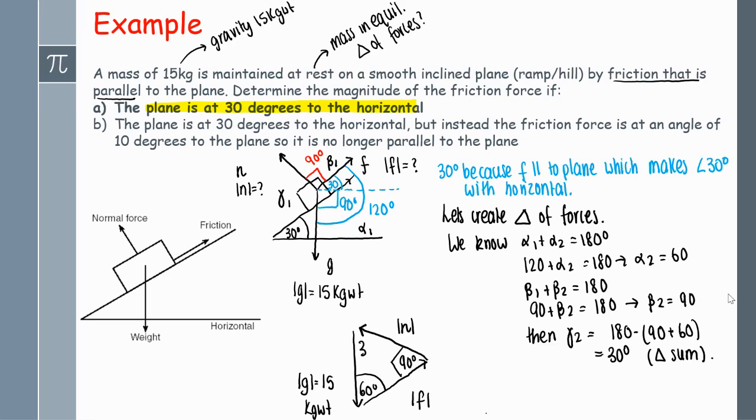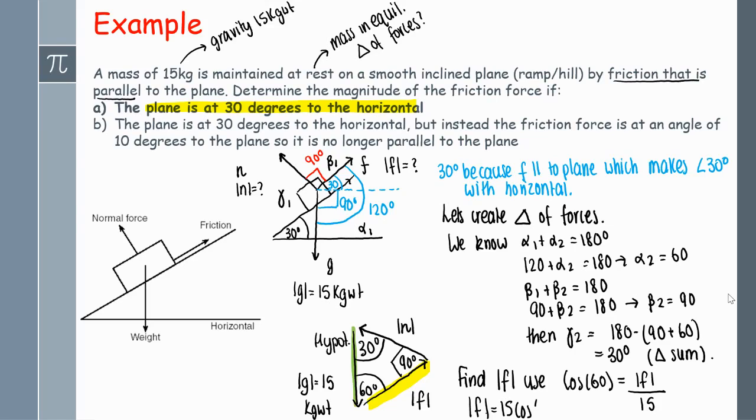So now you have to choose how you can figure out the magnitude of our friction force. If I use cos 60 is equal to the magnitude of our friction force over the magnitude of gravity force, which was 15. As you can see from the diagram, not very clearly, the hypotenuse is that gravity force.